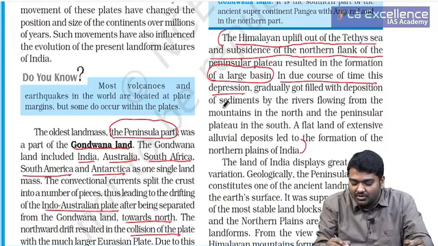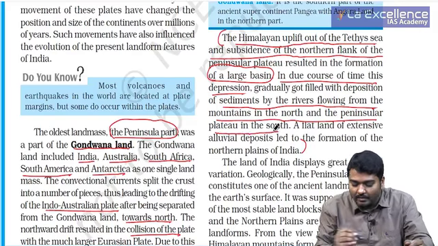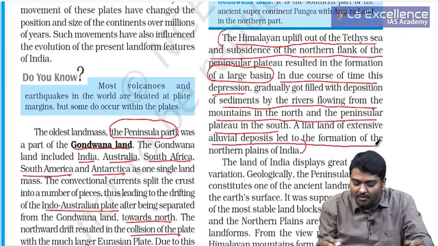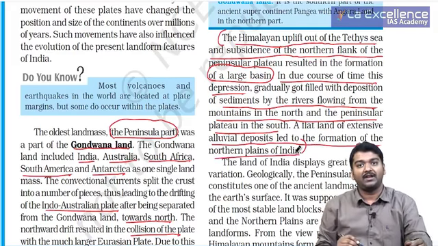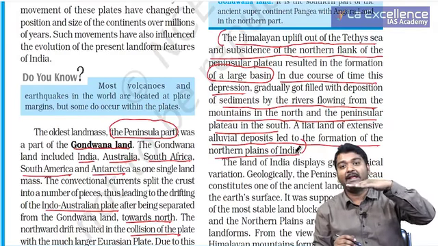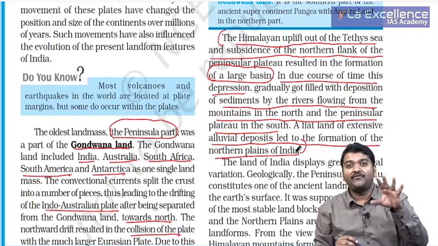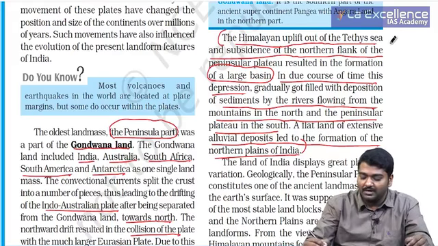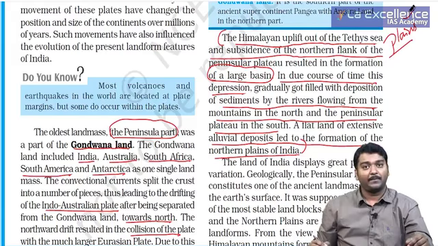Sediments got gradually deposited by rivers in this depression, right? And a flat land of extensive alluvial deposits led to the formation of the northern plains of India. In that depression, sedimentation took place and they formed a plain region. So UP, Bihar, West Bengal are nothing more than plains which are sedimentary deposits.